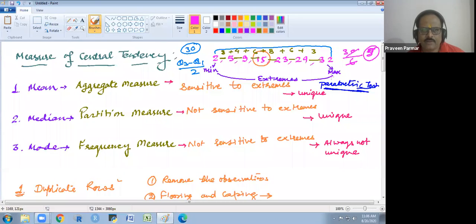That is a different thing, that is a scatterness measurement. I don't say that that is not a scatterness. That is also a scatterness. We measure the scatterness through the central tendency. But the average scatterness is 5 in this data.